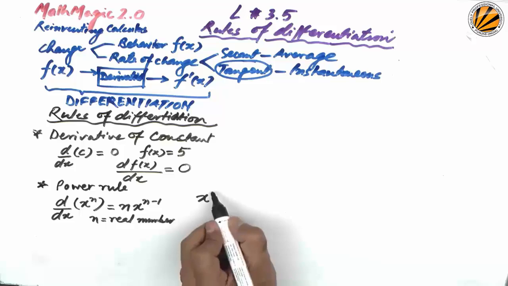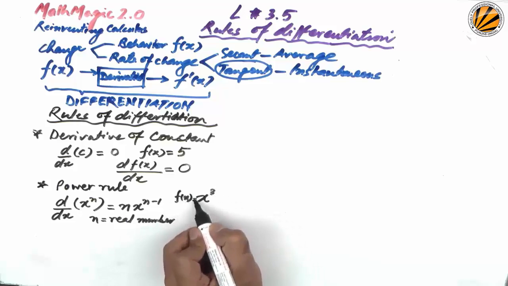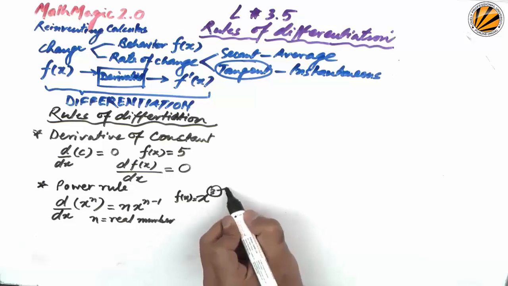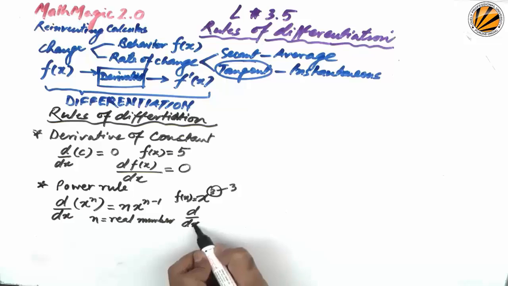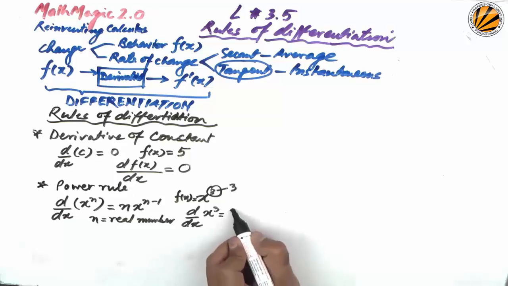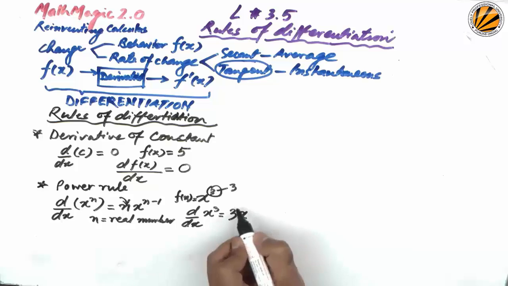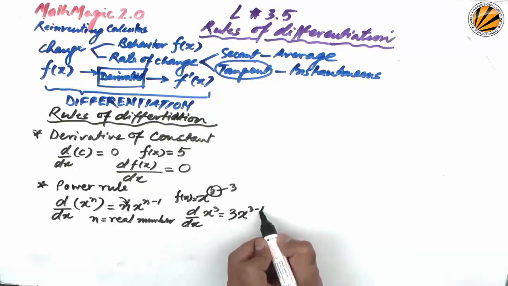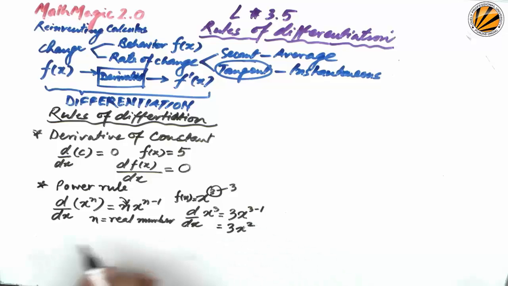Say the function is x cube. The power here is 3. The d by dx of x cube can be directly written as 3, this is the n, times x to the power 3 minus 1, and that is nothing but 3x square.